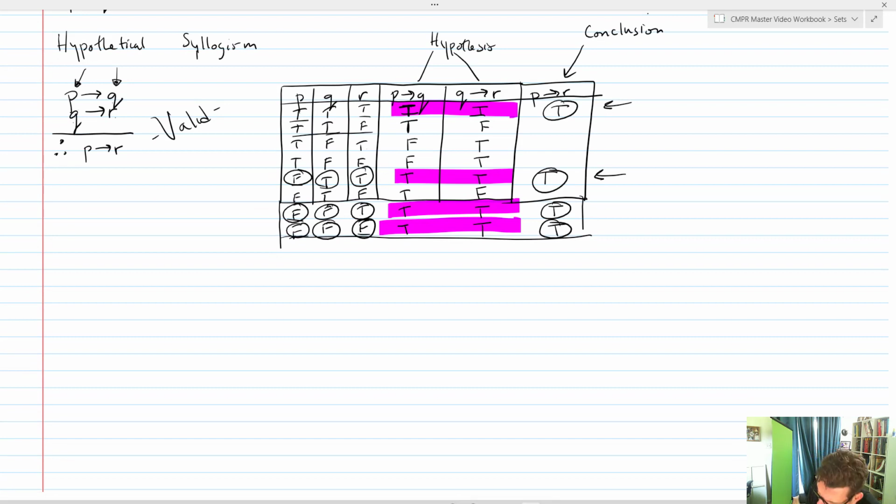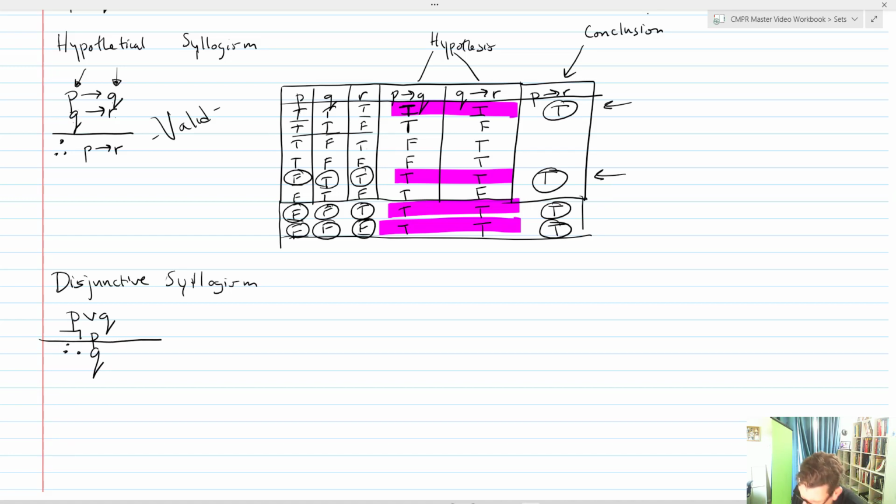And then we'll have the disjunctive syllogism. And that's P or Q. Then we have not P, therefore Q. And so basically what this is stating is that we've got P or Q is true.